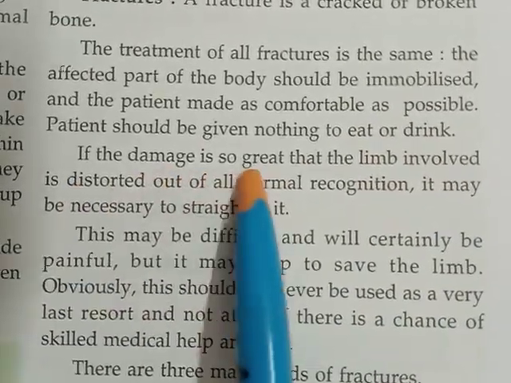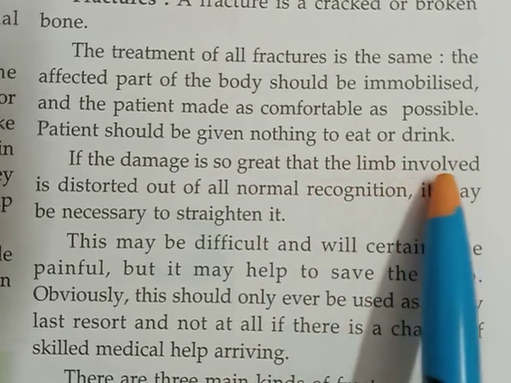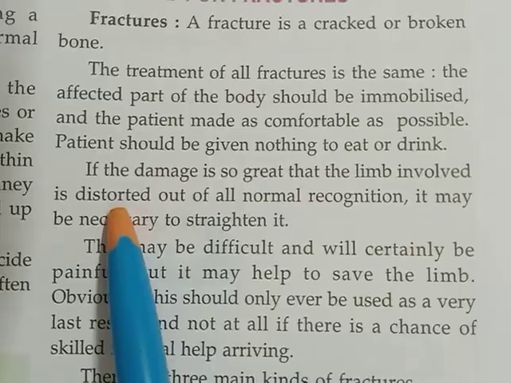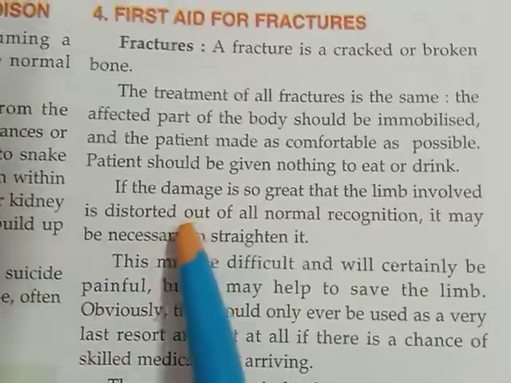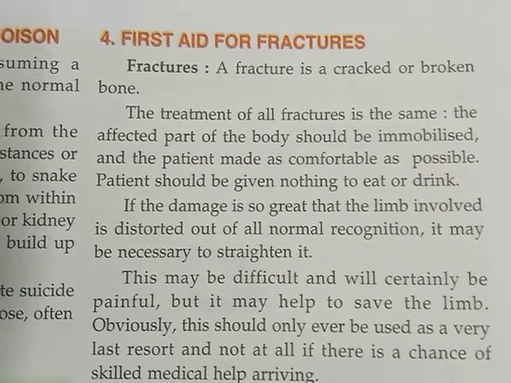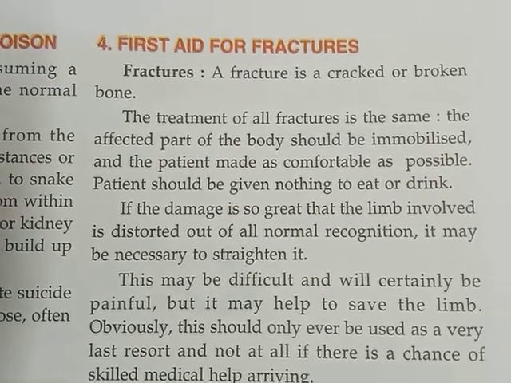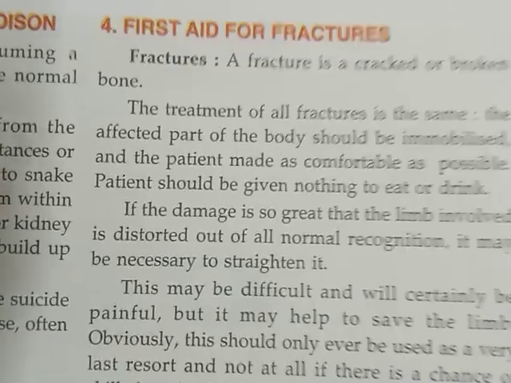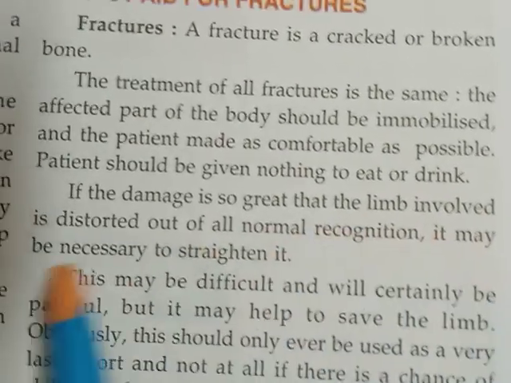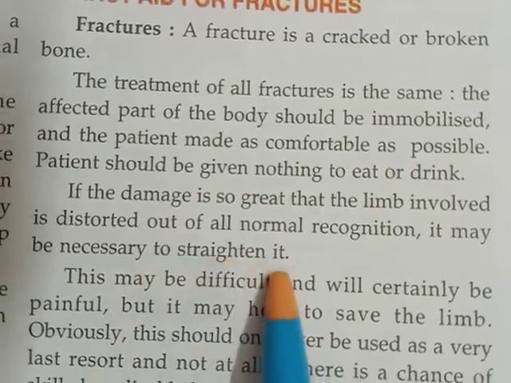If the damage is so great that the limb involved is distorted. Distorted means has changed its shape or twisted. That means the shape of the limb has changed. Out of all normal recognition, it may be necessary to straighten it.